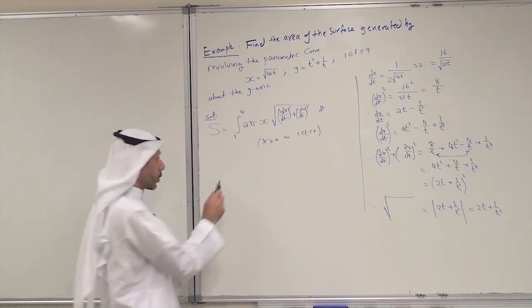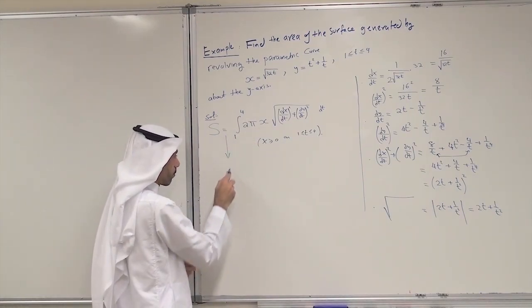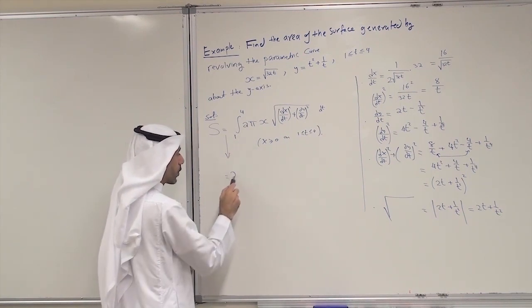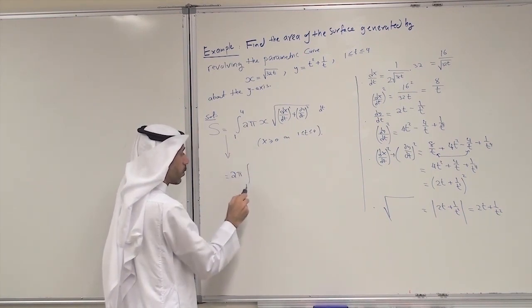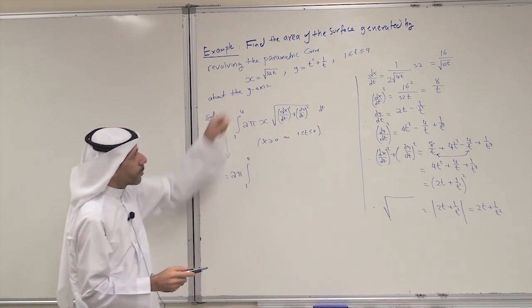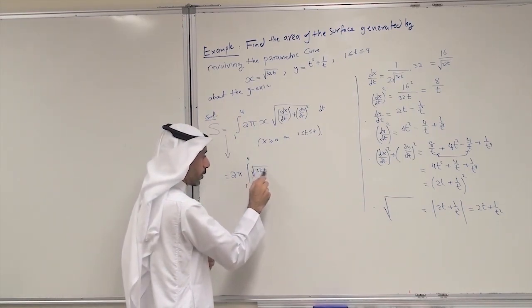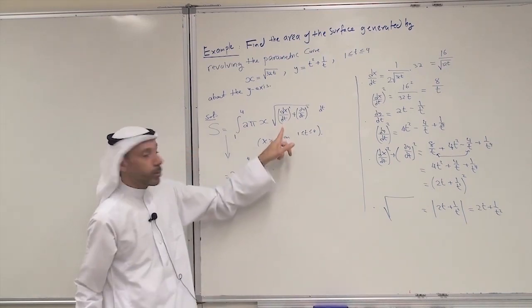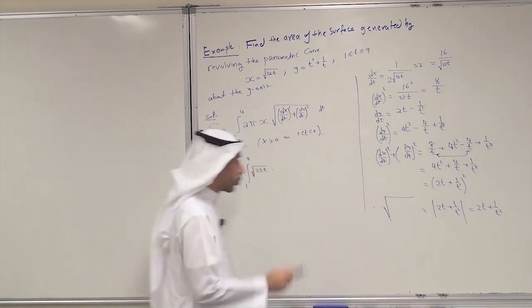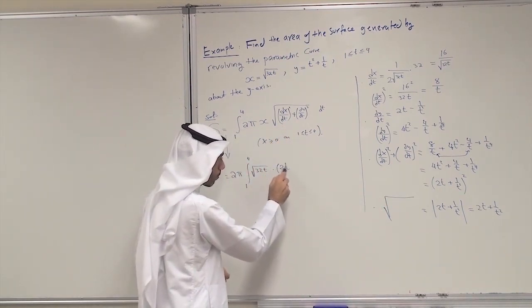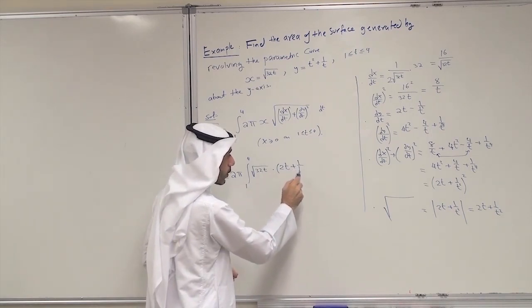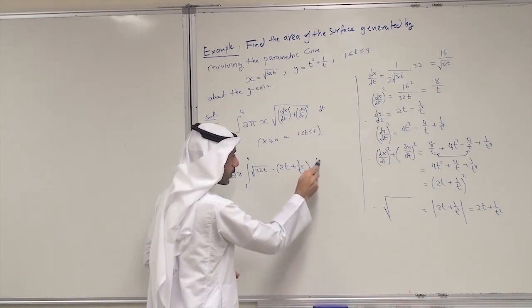Now just substitute here, so this equals 2 pi, take it outside, integral from 1 to 4 of x, which is root 32t, times the root, which was simplified here to be 2t plus 1 over t², dt.